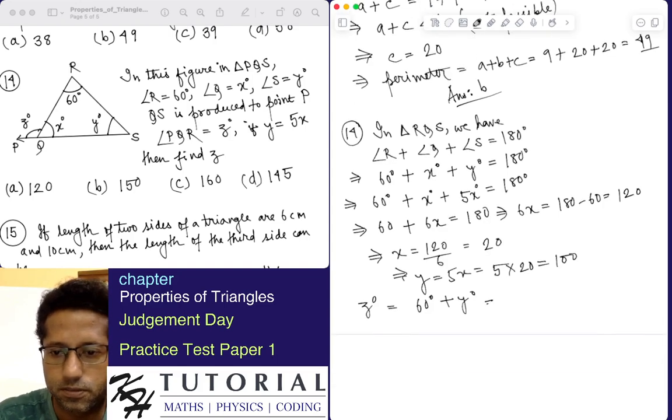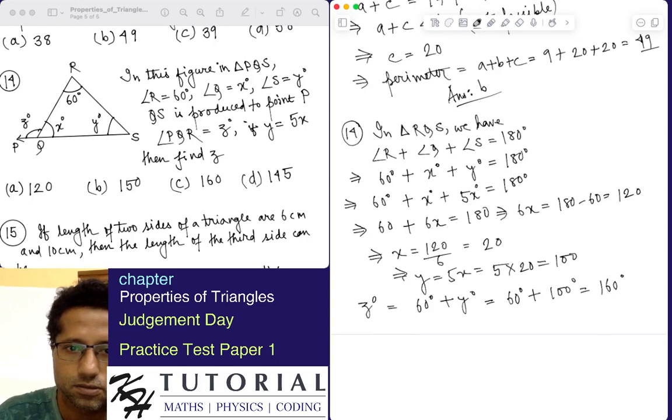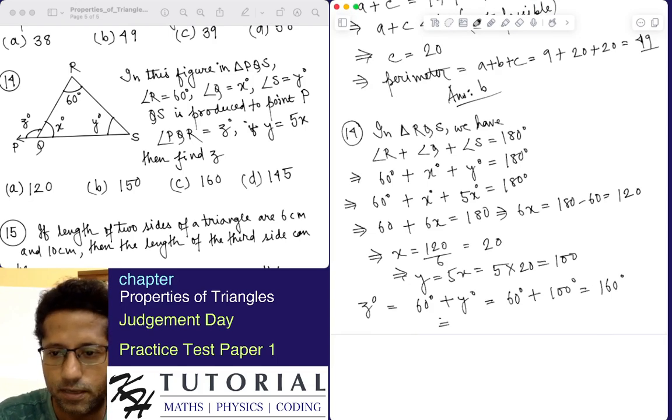So this is 60 degrees plus y, which we found to be 100 degrees, equal to 160 degrees. It has asked to find z, so z equals 160. So the answer is choice C.